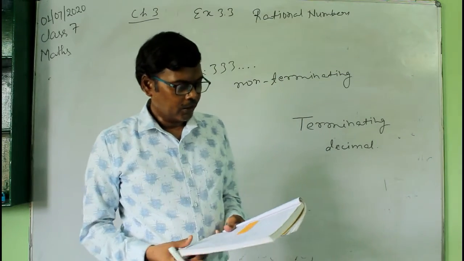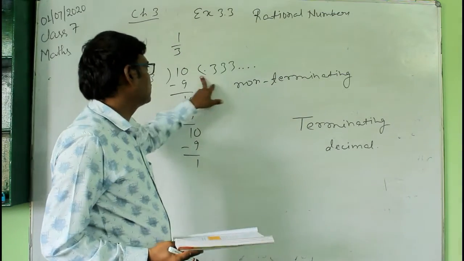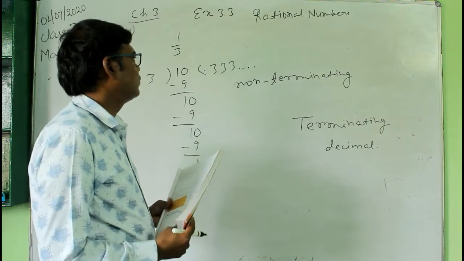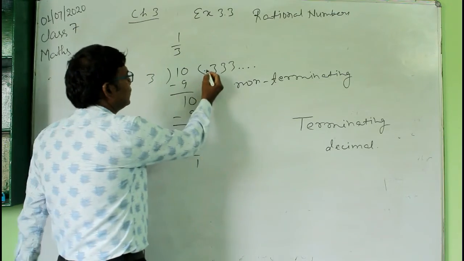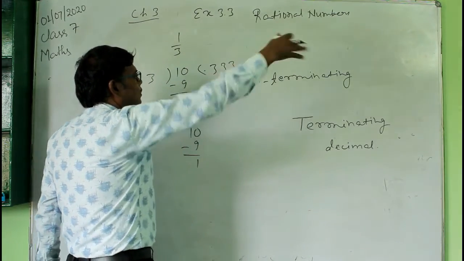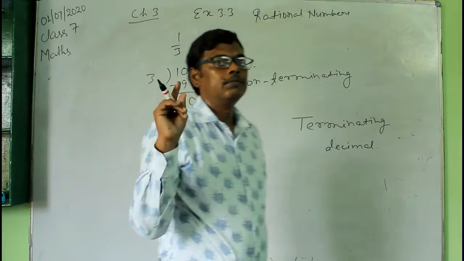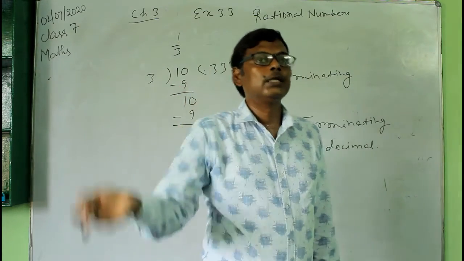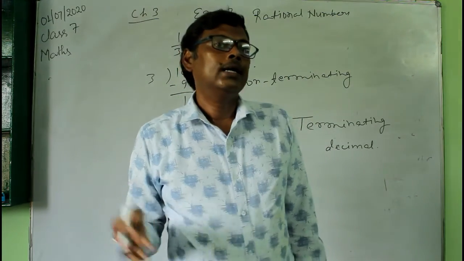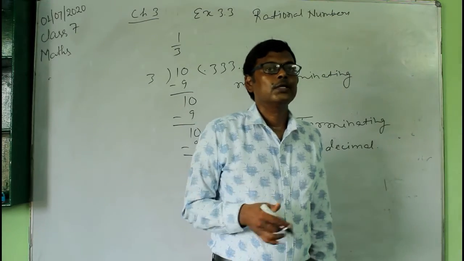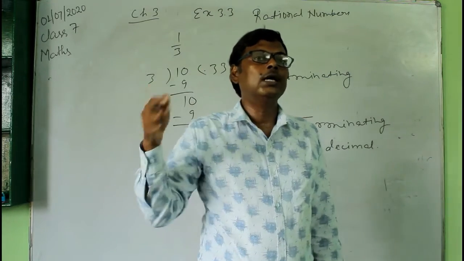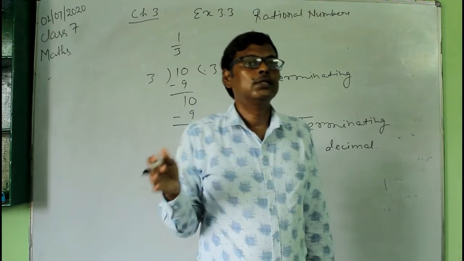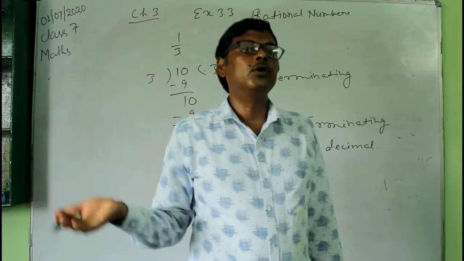और इसमें एक और बात स्पेशल है. In this number there is one more thing which is special: after the decimal you see that only 333 is coming. That is, the digit 3 is repeating itself, and it will keep on repeating. मतलब divide करते जाओगे और वो 3 आता जाएगा. So the digit 3 keeps on repeating.